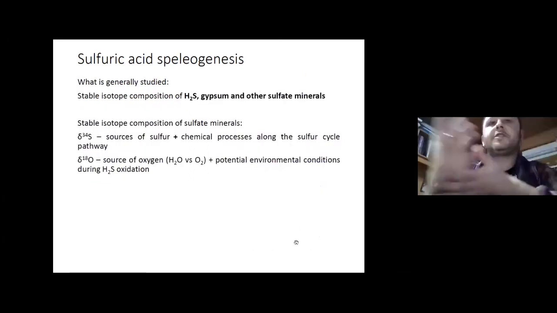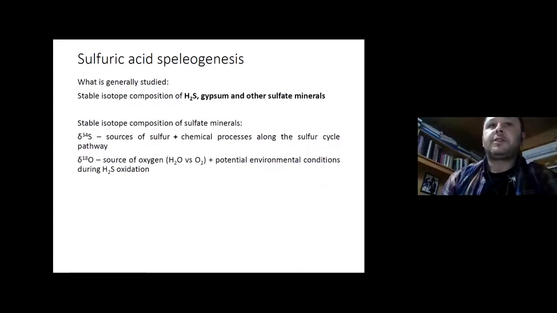In this kind of system, what is generally studied can be the isotopic composition of the hydrogen sulfide gas which comes into the system. But most commonly, as some of these caves that have been studied are already fossil caves, we have gypsum products but no active degassing or water.